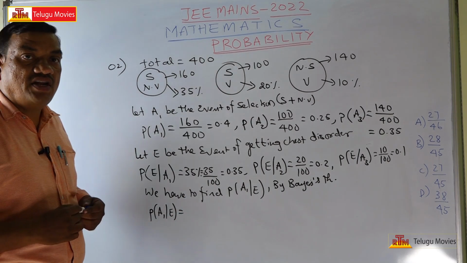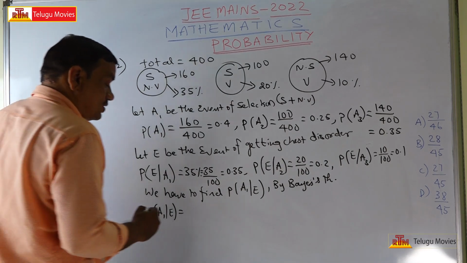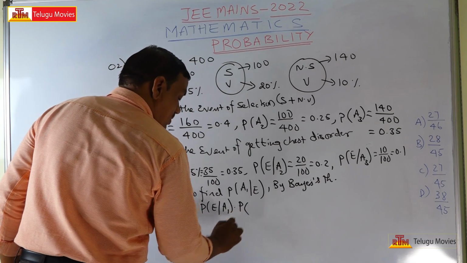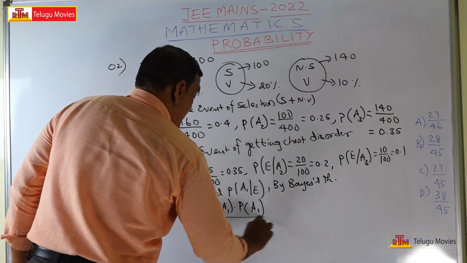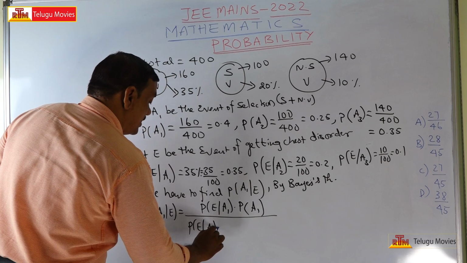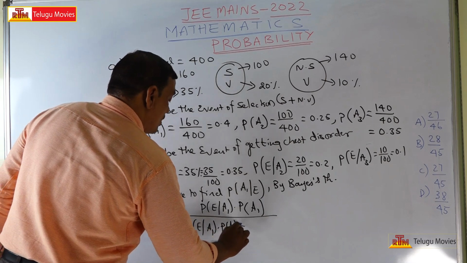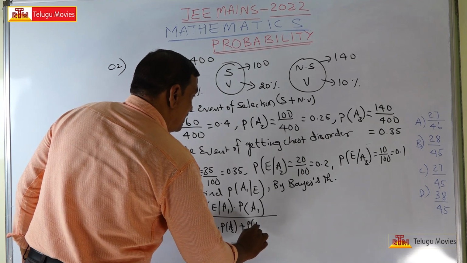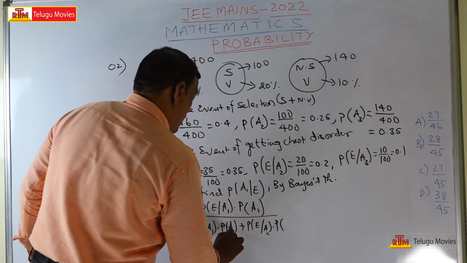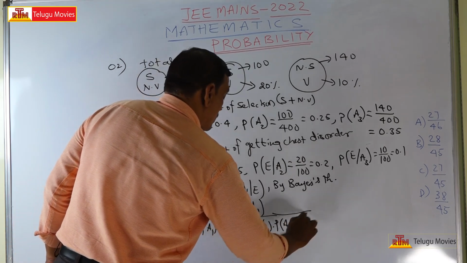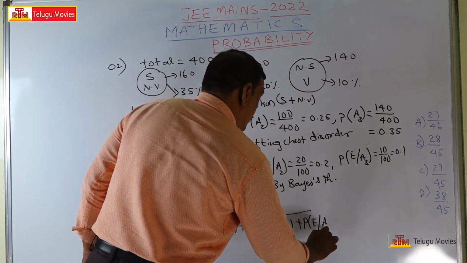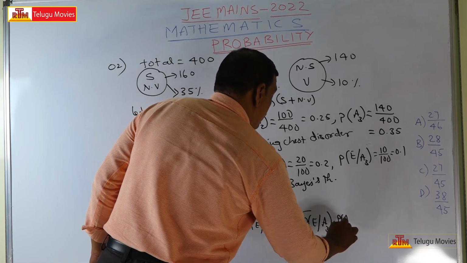It is probability of E given A1 into probability of A1, divided by, again we will write down, probability of E given A1 into probability of A1 plus probability of E given A2 into probability of A2 plus probability of E given A3 into probability of A3.